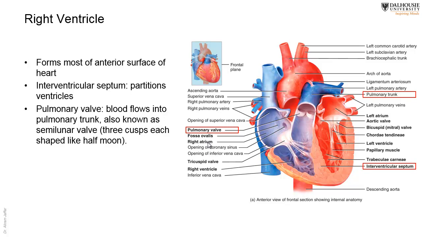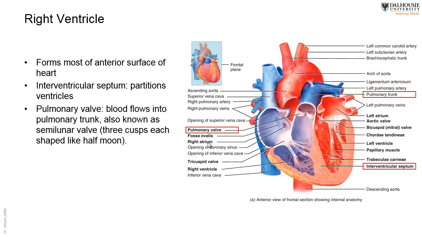The blood received from the right atrium will be pumped through a pulmonary opening here to the pulmonary trunk, and this pulmonary orifice is guarded by another valve, which is called the pulmonary valve.